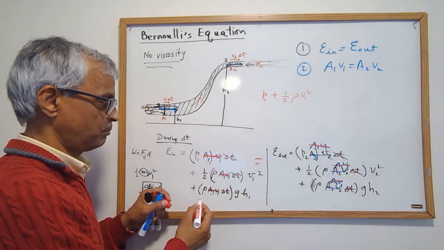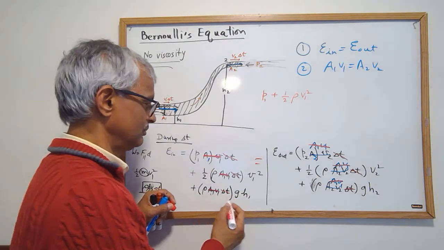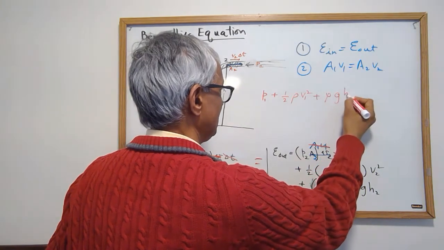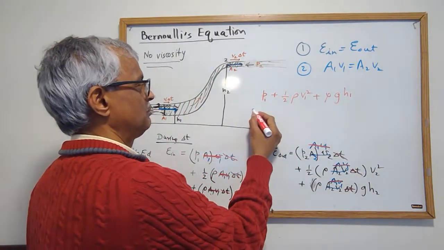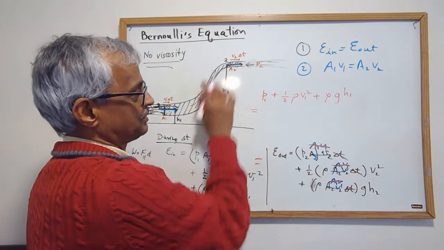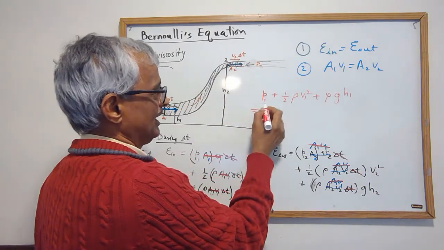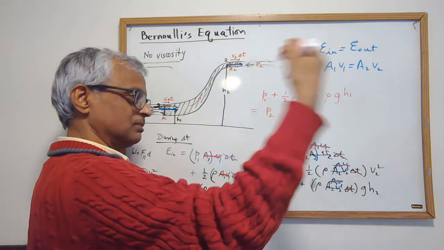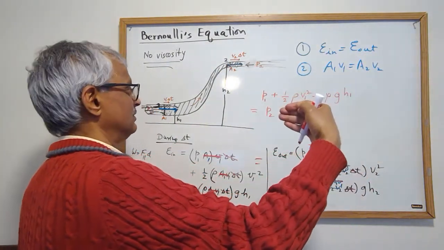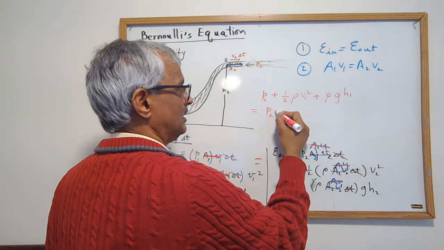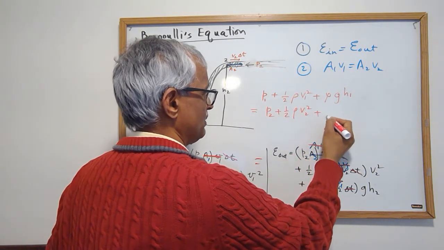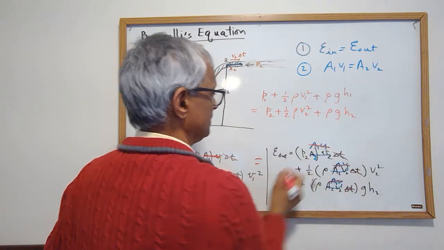And this looks like a potential energy density, not m but density, plus rho g h1 will be equal to the corresponding property over here, except that P1 is pressing in and this P2 is pressing from the other end, plus half rho V2 square plus rho g h2.